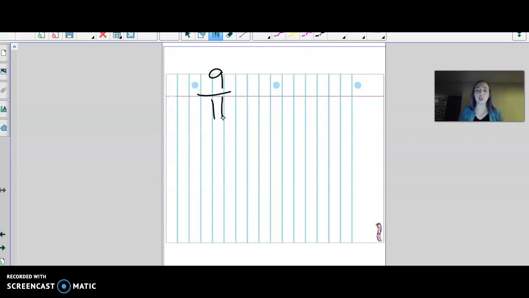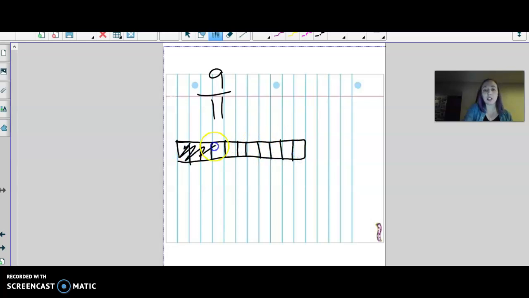Say I was talking about 9/11. I was trying to figure out what that was closest to. Now, you might just think, okay, well, half of 11, I can't do half of 11. Half of 10 is 5. So 5/11 is probably in the middle. But if I really wasn't sure, again, I'm going to count out 11 spaces. So there's 1, 2, 3, 4, 5, 6, 7, 8, 9, 10, 11. So there's my bar, with its 11 pieces that are all the same size. And I'm going to color in 9 of them, which is all but 2.